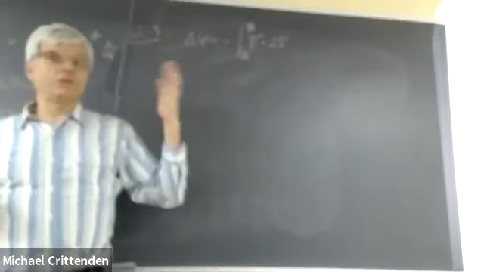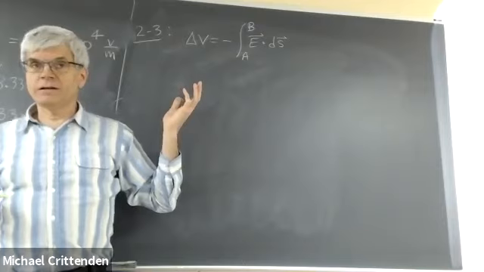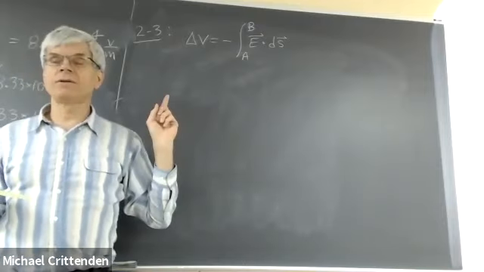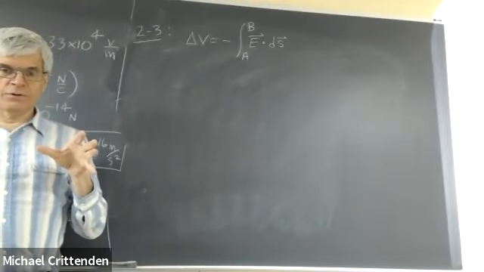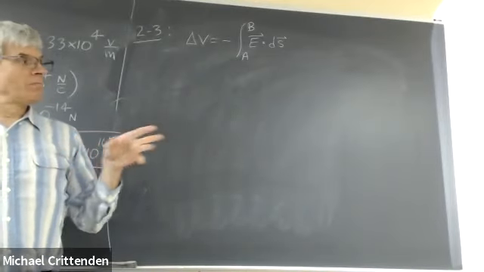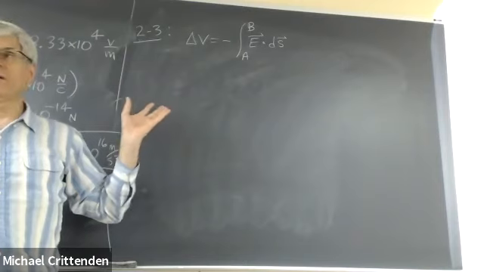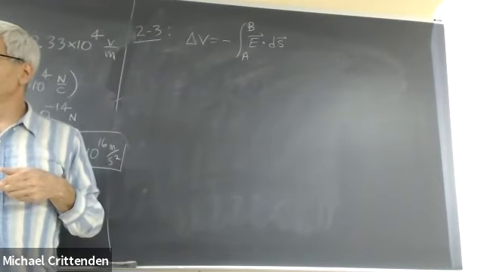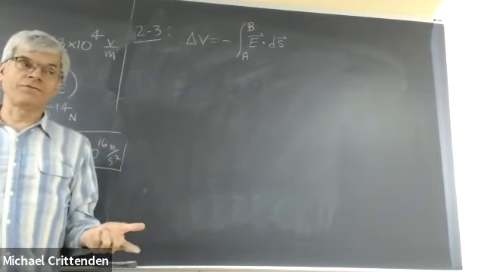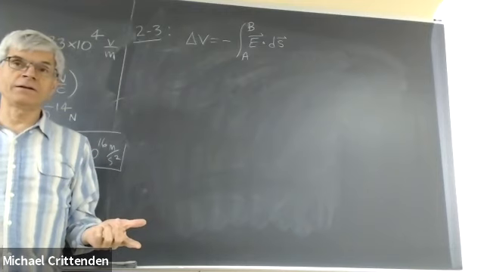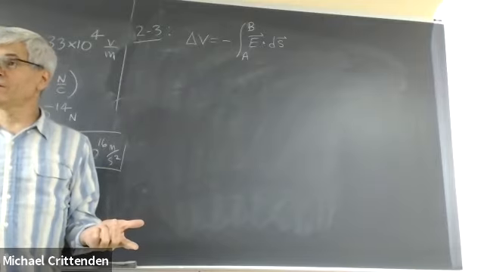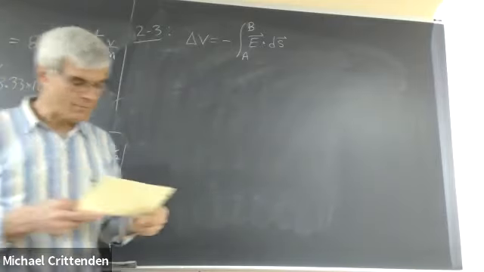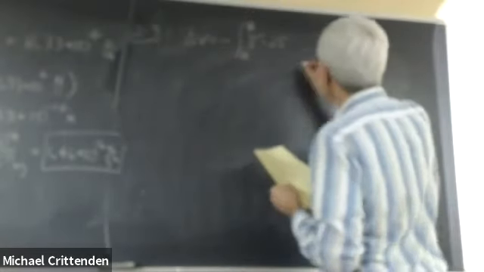Well, you get to pick whatever seems convenient, because electric fields are an example of a conservative force field. And a conservative force field means that the work done between any 2 points is the same no matter what path you follow.